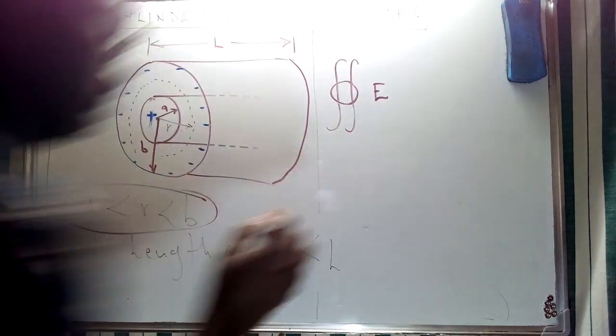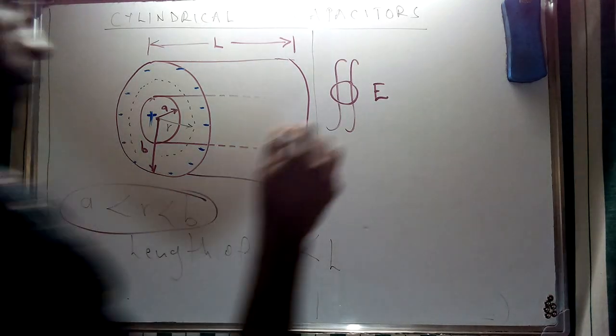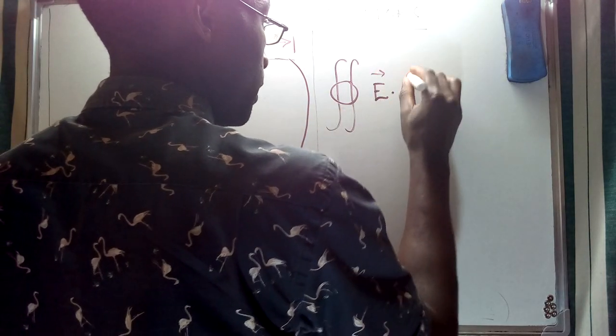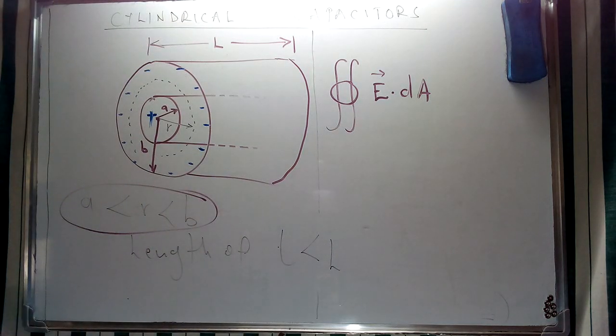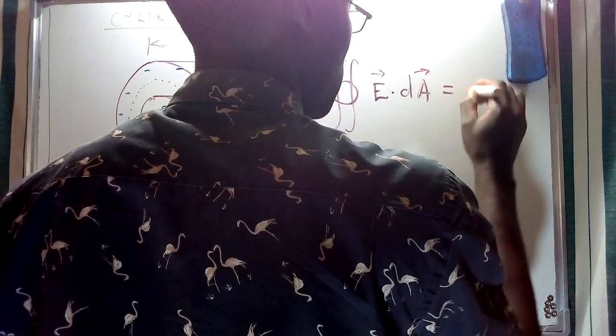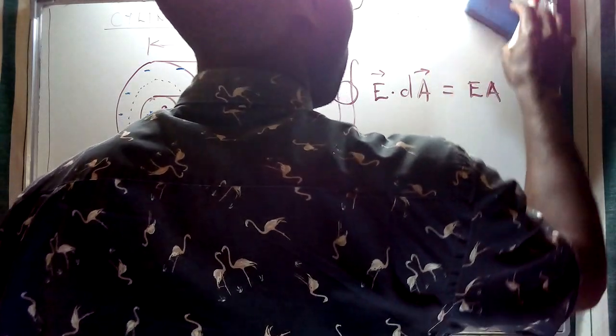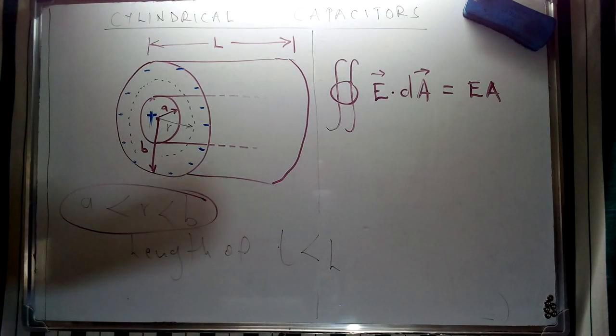So we're going to give an integral of a closed surface for this specific area, whereby we're going to see that it's an electric field, and the dA, that's a vector surface for that Gaussian surface. And then this is going to give us what we call EA for that specific integral.